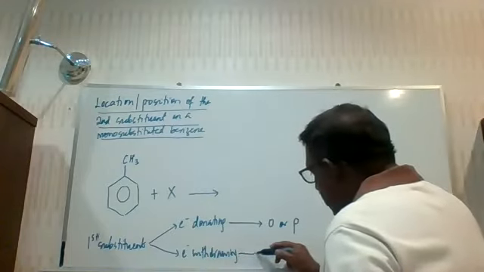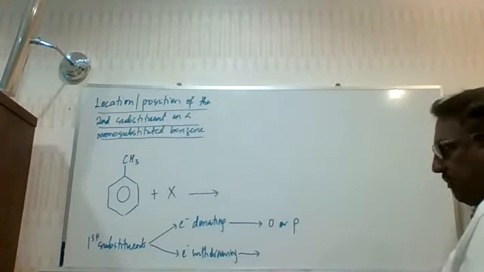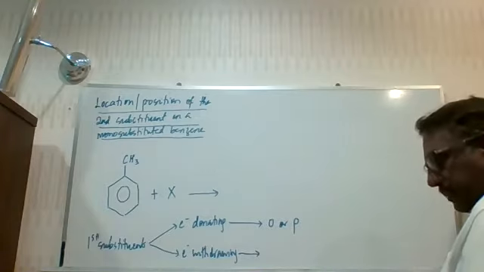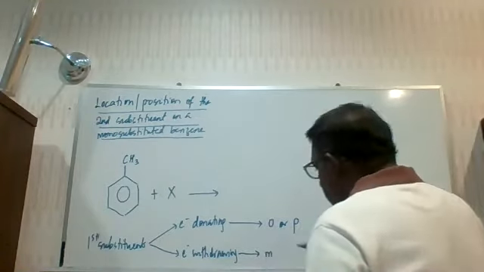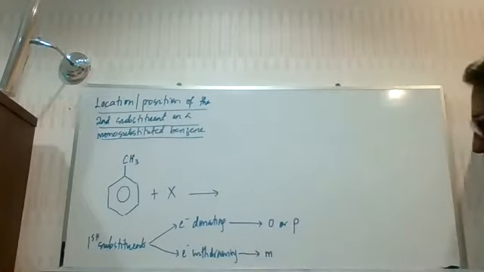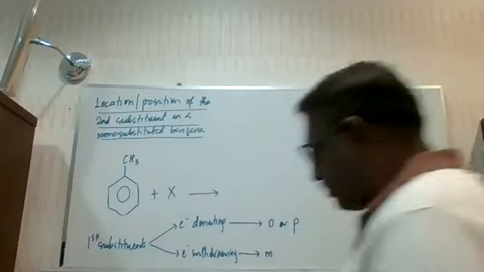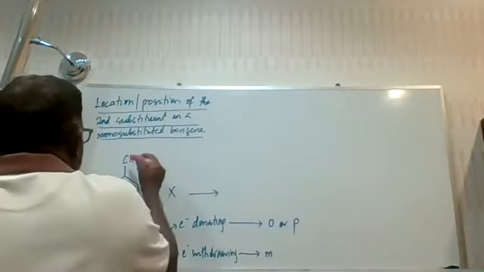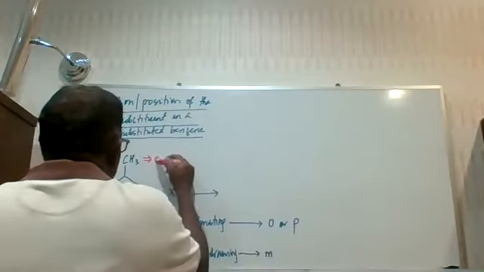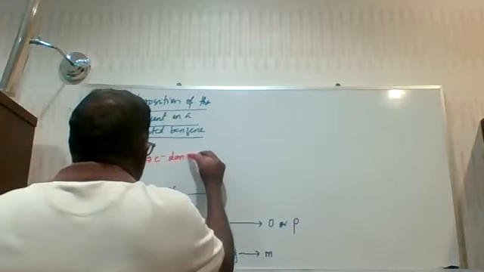Then, if it is an electron withdrawing group, the second substituent will be directed to occupy the meta position. Only one position. So in this aspect, your CH3 is an electron donating group.